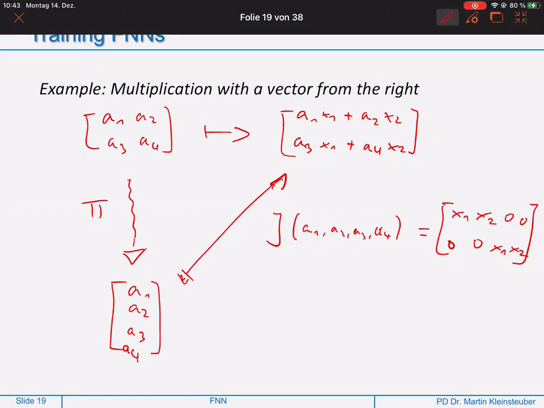So formally we have this pi that stacks this matrix W into a vector.